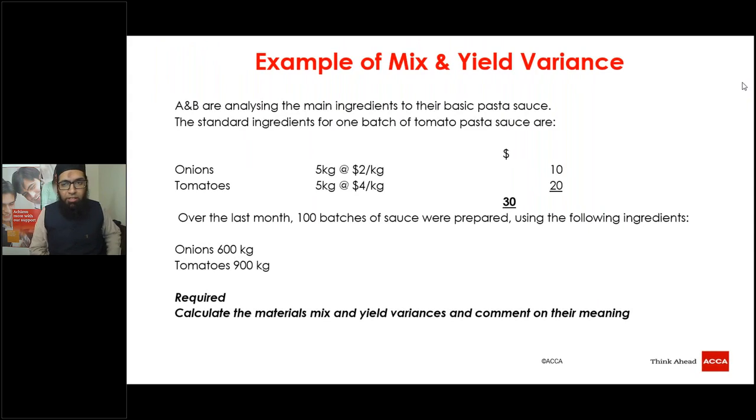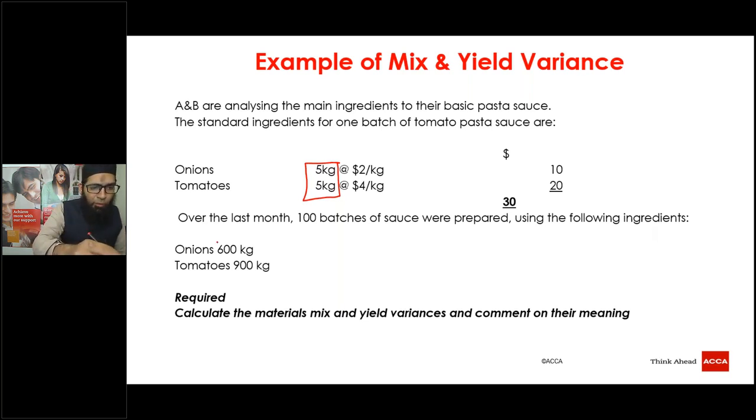Now I hope you have read the example. So first of all, this is the standard that we have two types of material, and the standard usage is 5 kg of onions and 5 kg of tomato. So this is the standard usage.